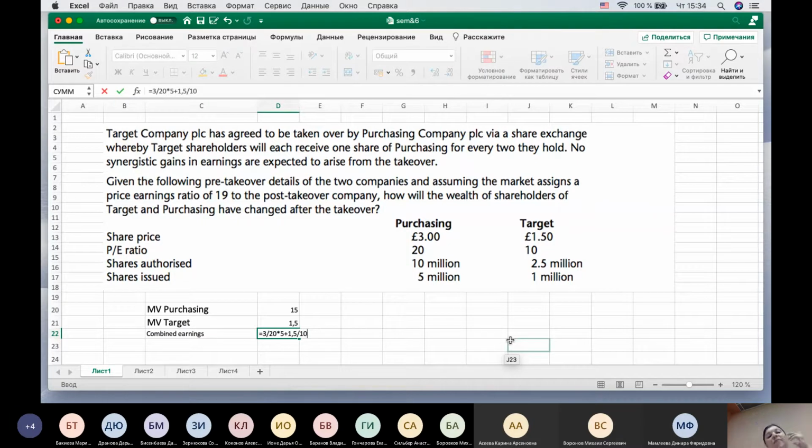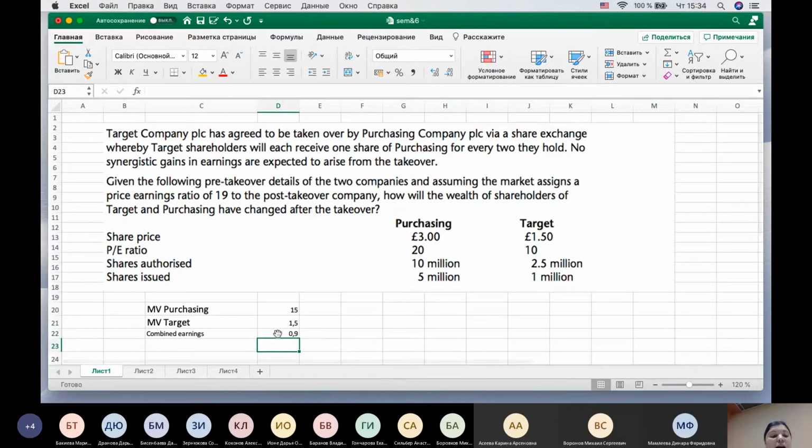As we know pay ratio and share price, we can find our earnings for each share, and then multiply by the amount of shares, 1 million. So our combined earnings equals 0.9.